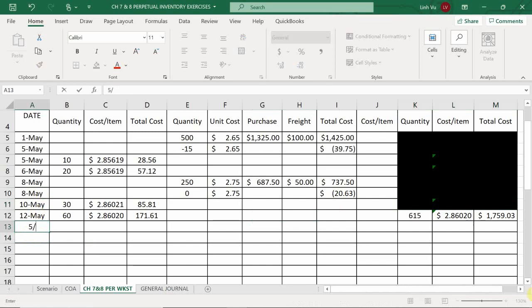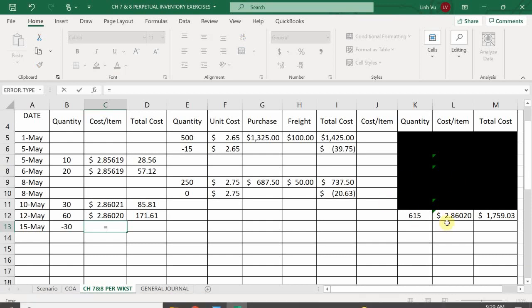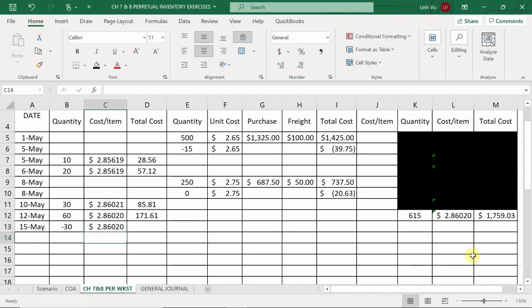So May 15, we end up returning 30 of them, so negative 30 in the cost of goods sold section because we have to undo the cost of goods sold, right? And right now, my average cost per item is the same.